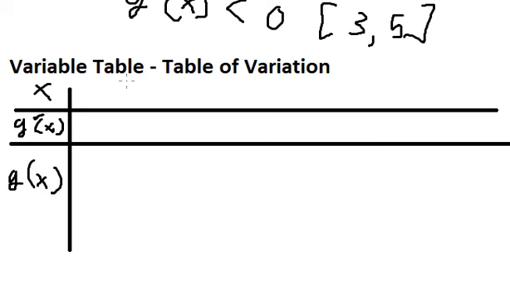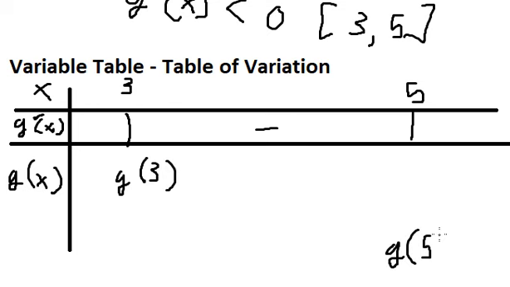So we just consider the interval from 3 to 5. And we know that this one is on the negative side. Because this is negative, the value of g at 3 in here and g at 5 in here should be decreasing on this interval.